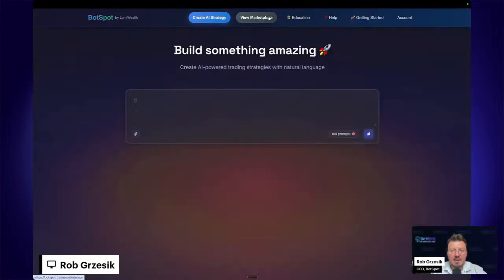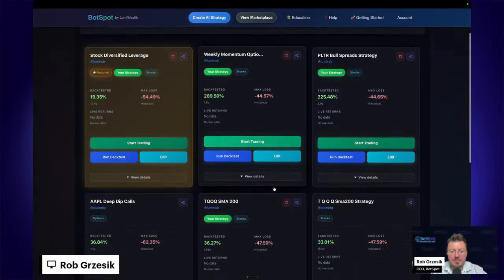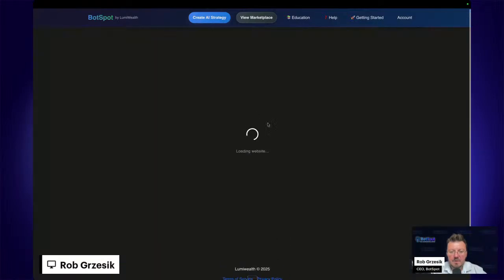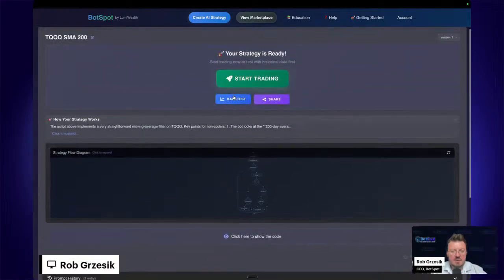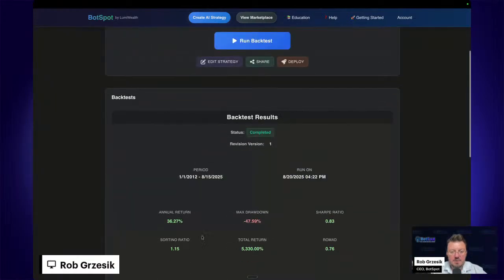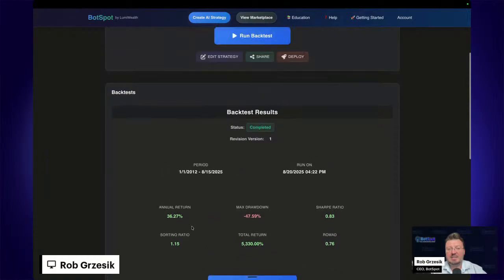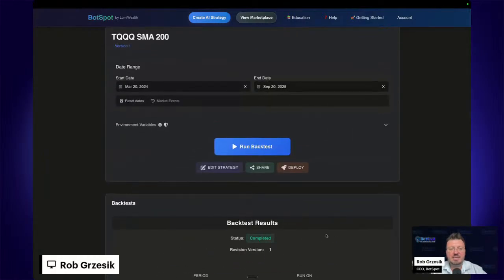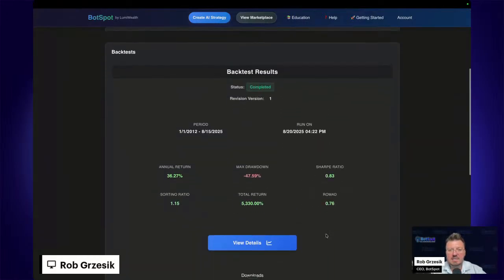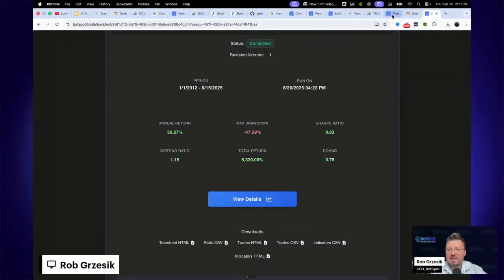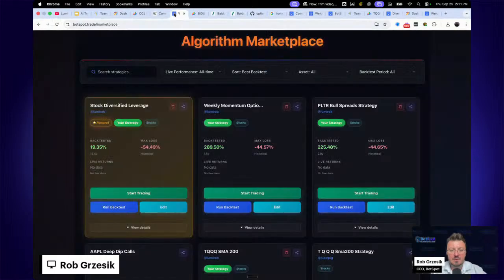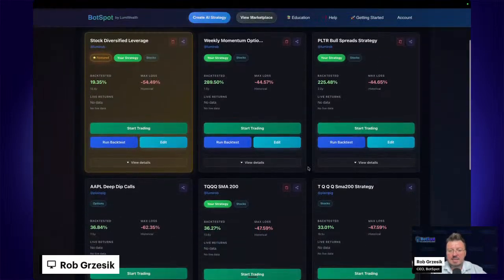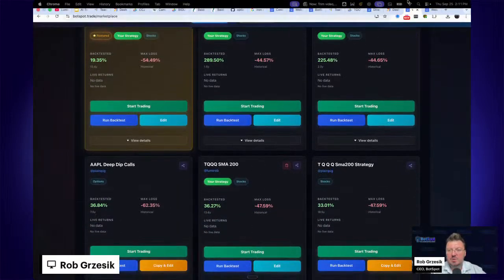And then just to do a little recap, this is the strategy that we ran today. This is our TQQQ SMA 200 bot. It is in the marketplace. If you guys want to follow along, it's in the marketplace, TQQQ SMA 200.